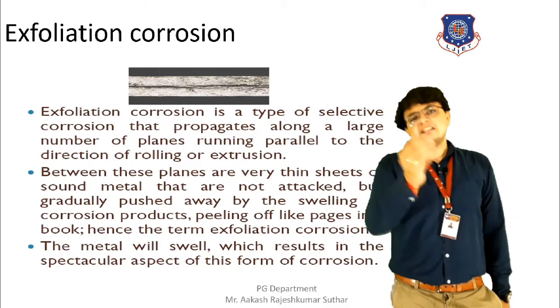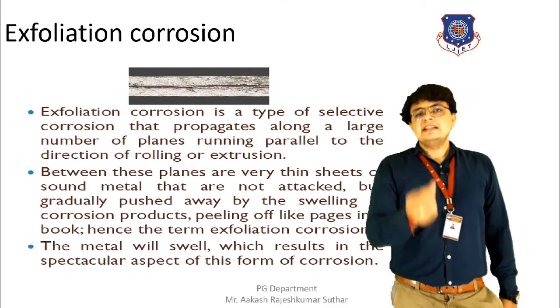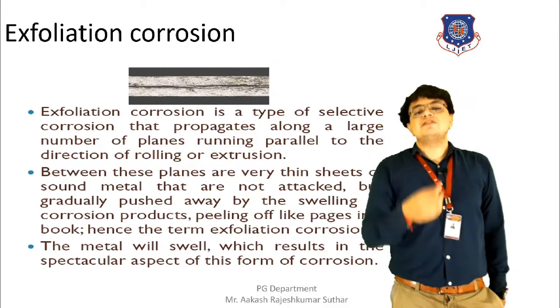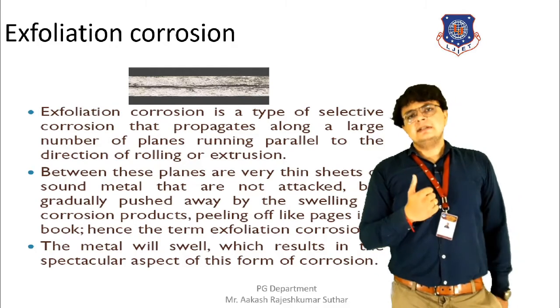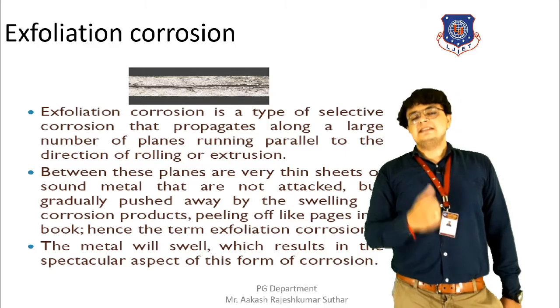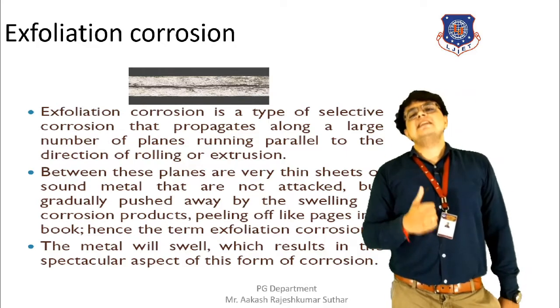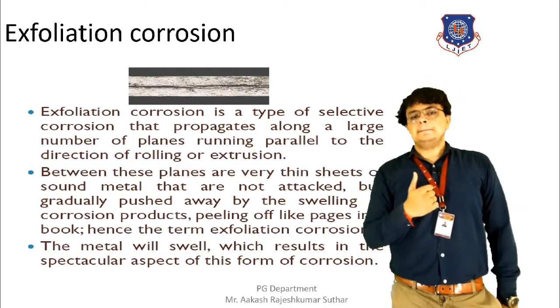The planes that are coming in between will be coming out. It is affected, it will be peeling off from the surface. It will be pushed away from the surface. And as a result of this, the swelling takes place. And hence, we can say that the corrosion on the metal has taken place.